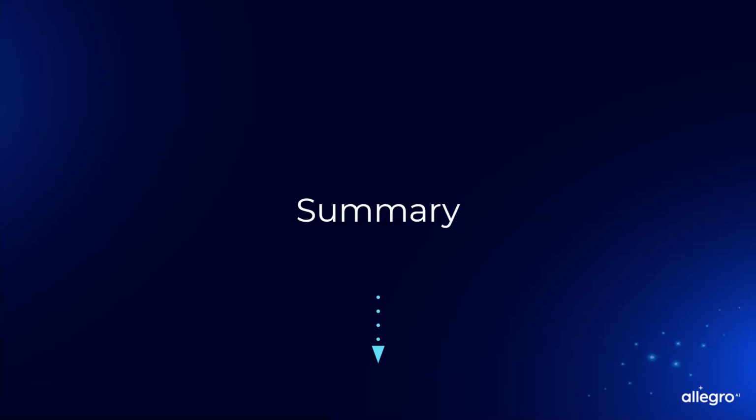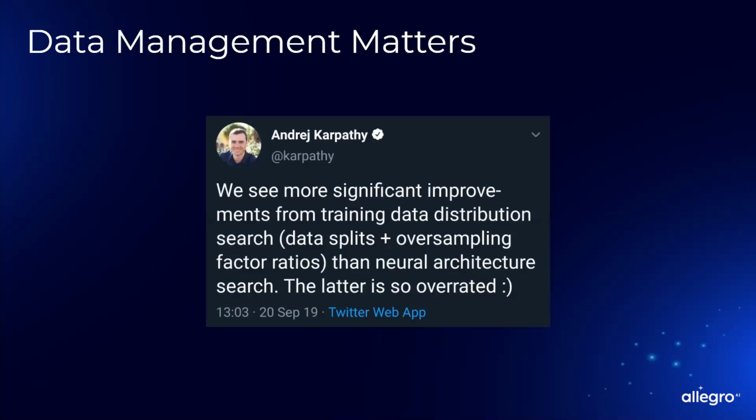That's good. Again, with Andrej Karpathy, okay? I think that you would agree with me. I've shown you that data management is important, but also all these tricks that we did with the data sampling, they gave us a big return on investment. And that's exactly what the head of AI at Tesla is saying, right?